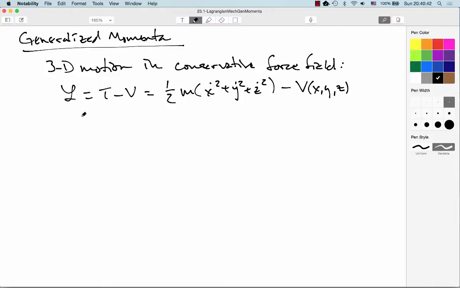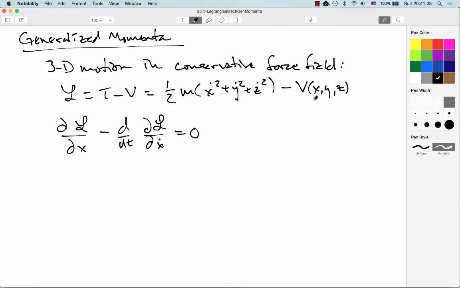so we can go ahead and write the Lagrangian equation of motion for x. For example, let's say partial L partial x minus d dt of partial L partial x dot equals 0. And let's evaluate.